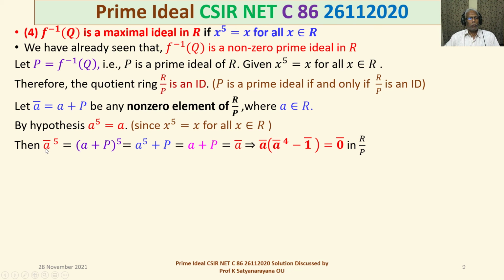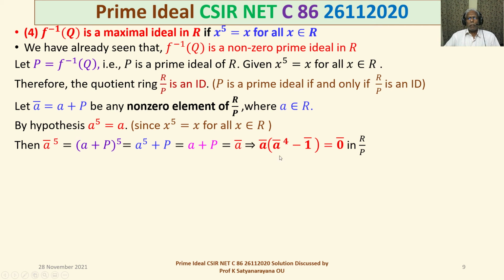So thus we have proved A bar to the power of 5 is equal to A bar, and it is in R by P, that is A bar to the power 5 minus A bar is equal to 0 bar.